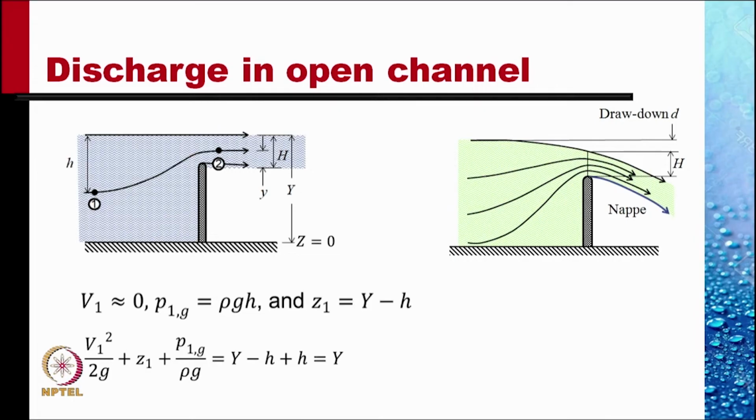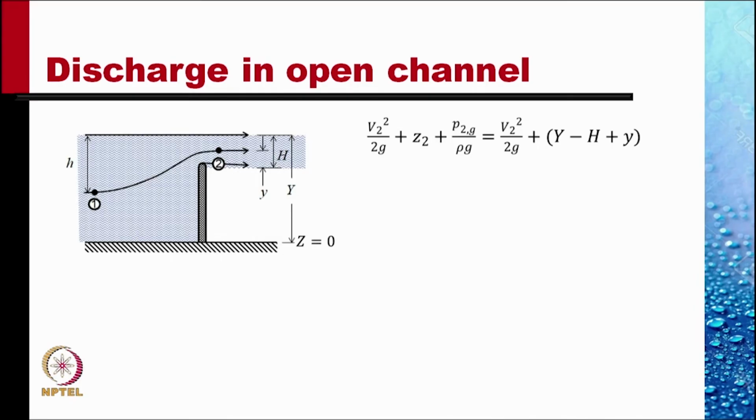And then the Bernoulli equation is written simply as V1 squared by 2g plus Z1 plus P1 divided by rho g, which is equal to Y minus h plus h, equal to capital Y. This is the evaluation at point 1.